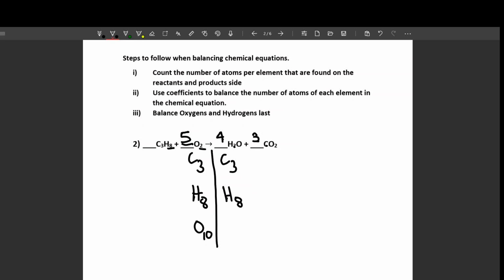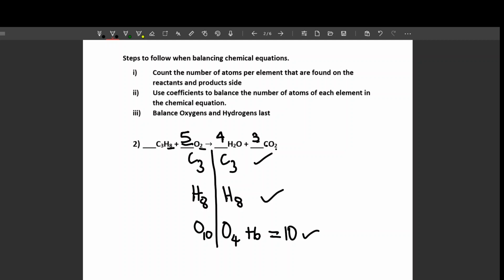We have 4 oxygens, so it's 4 times 1, that's 4. And then we have 3 times 2, which is 6. So we have 10 oxygens in total. That's balanced.